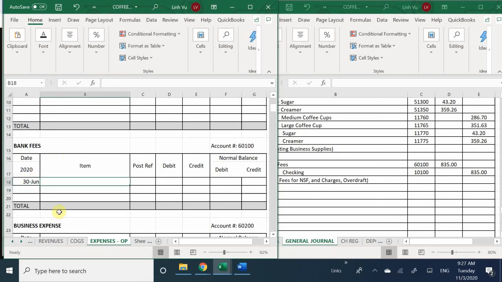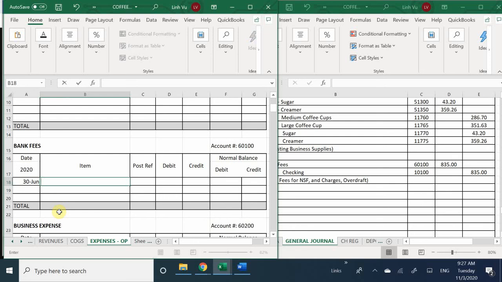Okay, you could do bank statement for the month of June or bank charges for the month of June. You can do NSF and write down all the check numbers that you wrote bad checks for. You can also do how much you went over. Whatever pertinent information you want to place in here. Okay?